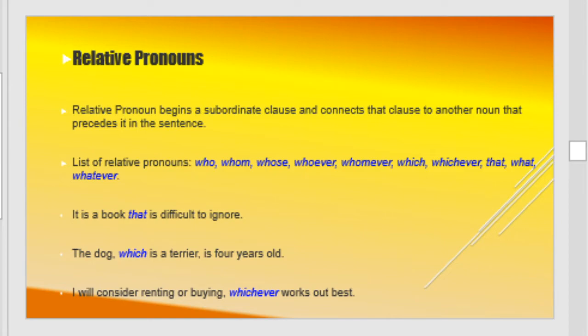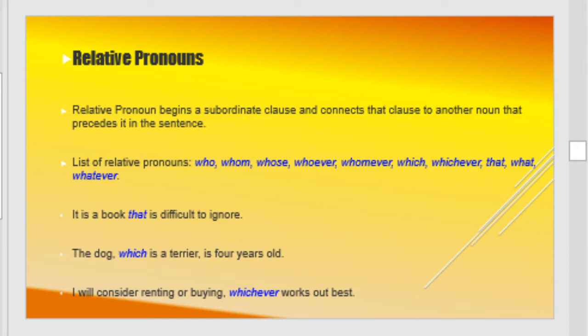A relative pronoun begins a subordinate clause and connects that clause to another noun that precedes it in the sentence. List of relative pronouns: who, whom, whose, whoever, whomever, which, whichever, that, what, whatever. If you notice, most of them are WH words, right? It is a book that is difficult to ignore.